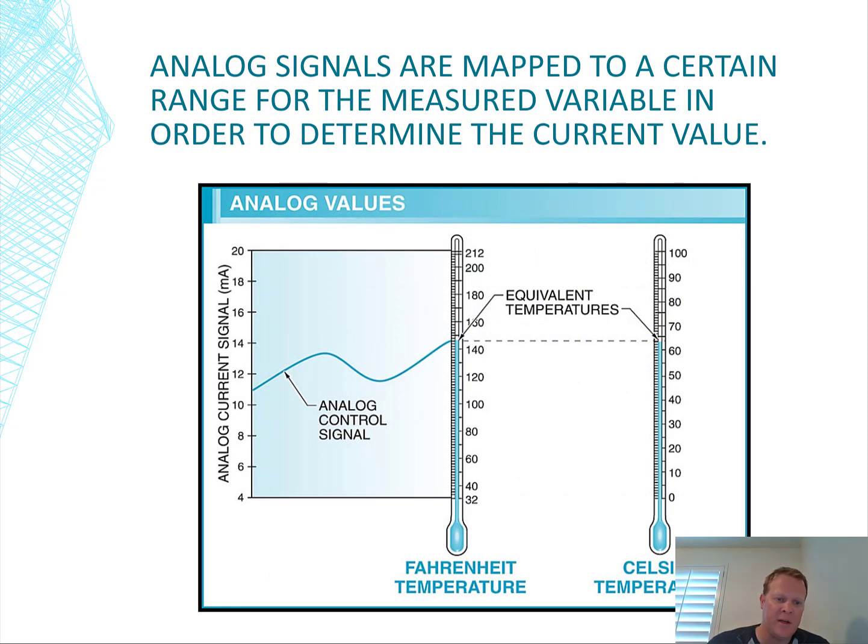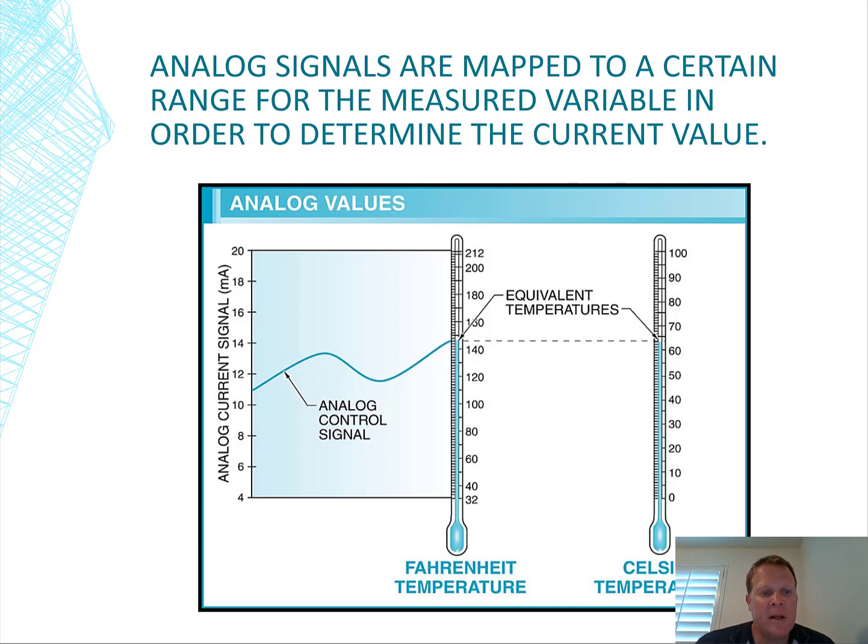So in this one right here, the analog symbol is communicating temperature range. It could be reading lower, and so the milliamps is going to start here at like 10, going up to about 14, then dipping back down to 12, and then going back to 14.